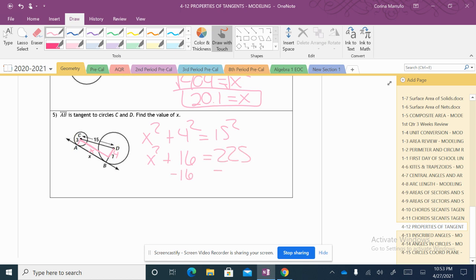We're solving for x, so first I'm going to subtract the 16. We get x squared equals 209. Then I'm going to take the square root of 209 to solve for x. We get x equals 14.45, which would round to 14.5. And that's it.